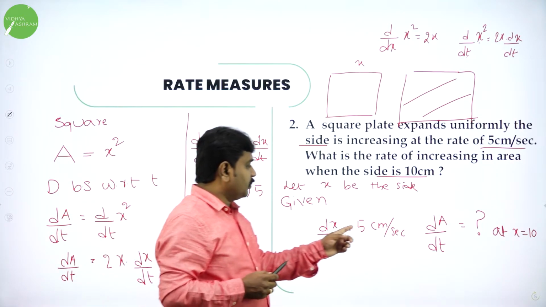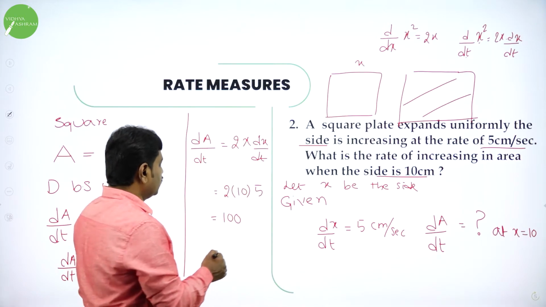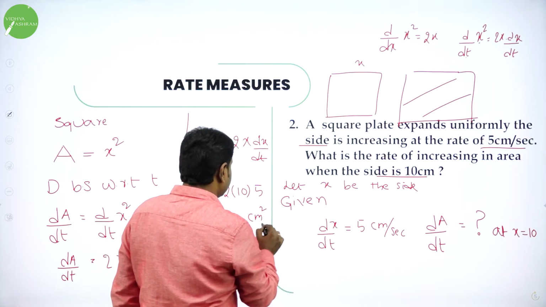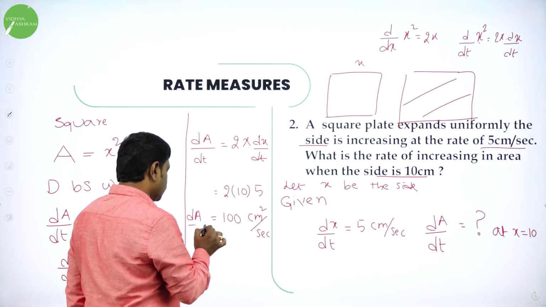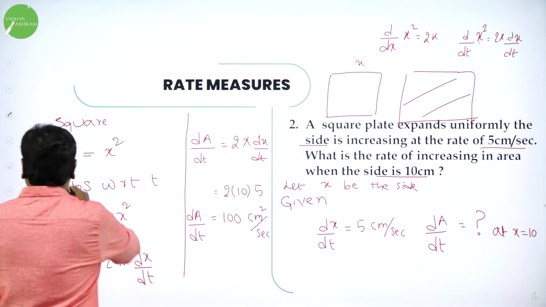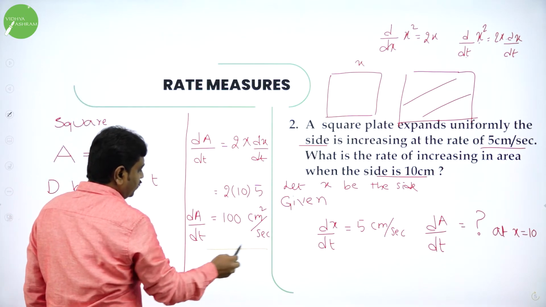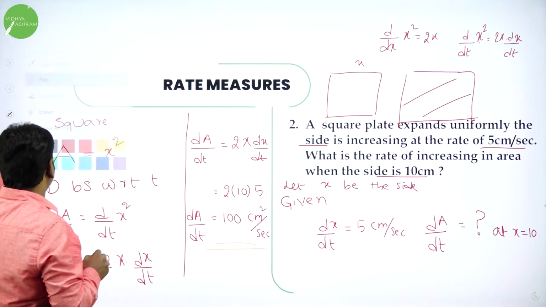Suppose the side is in centimeter, then area will be in centimeter square, and time was measured per second, so this is also per second. So you got dA by dt, the rate of change of area they wanted. What is the rate of change of area? 100 centimeter square per second. And in words you can write the conclusion.